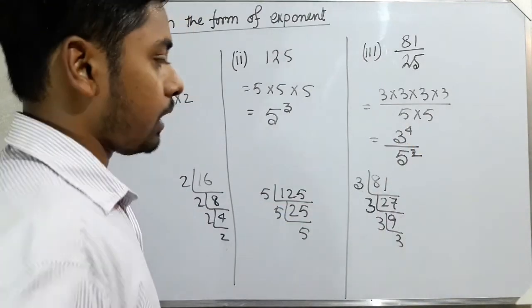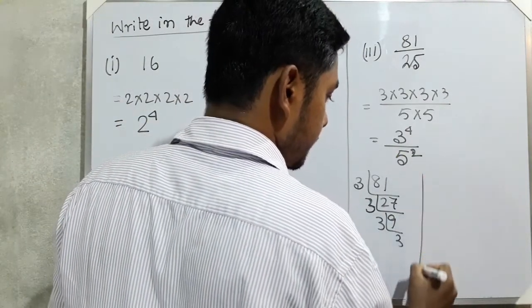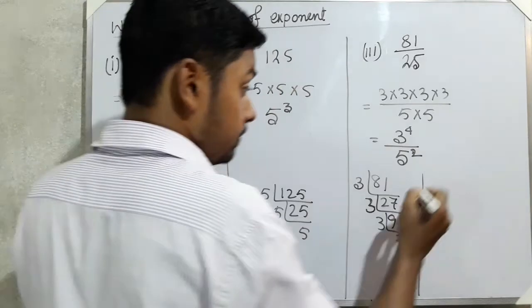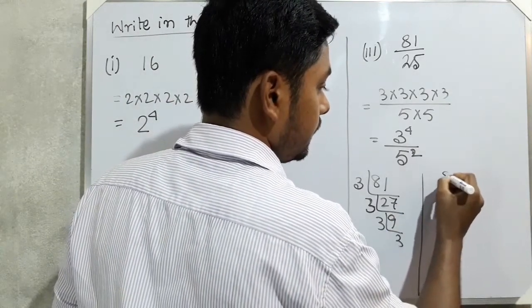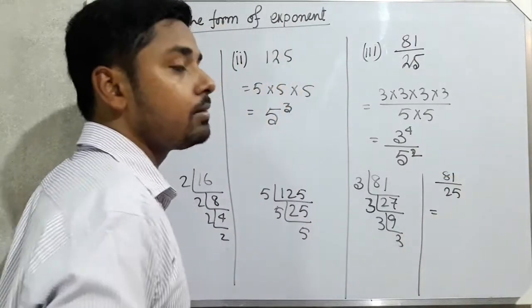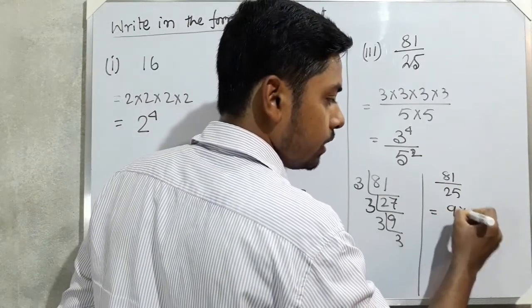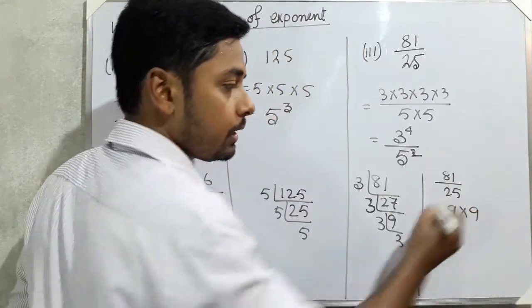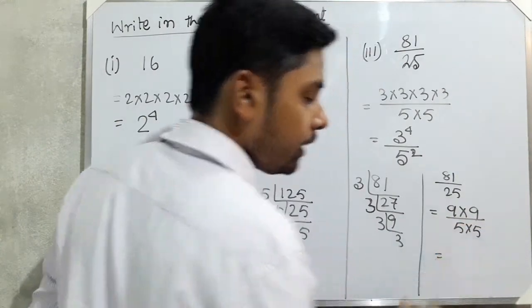But you can do this by this process also. That means 81 by 25. Now 81 is 9 times 9, and 25 is 5 times 5.